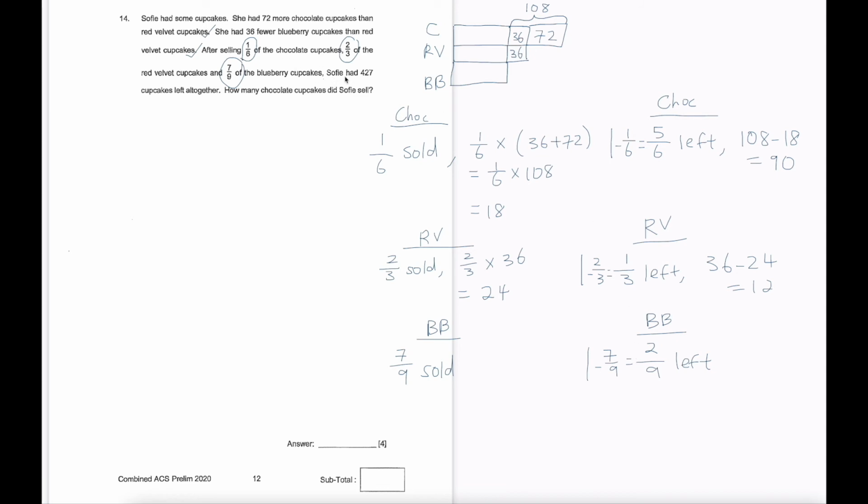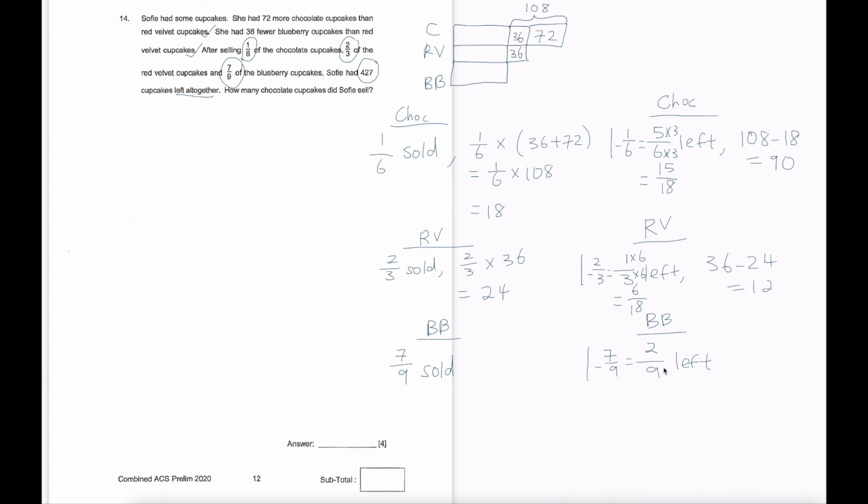Okay, let's continue. Sophie had 427 cupcakes left altogether. So she gave us a value which is 427, and it is for the cupcakes left. So we have 5/6, we have 1/3, and we have 2/9. The next thing we need to do is to make their denominator the same, and we can use 18. Okay, so I have to multiply by 3. I'm gonna get 15/18 over here, and multiply by 6.